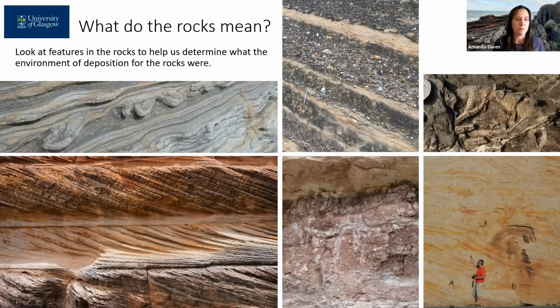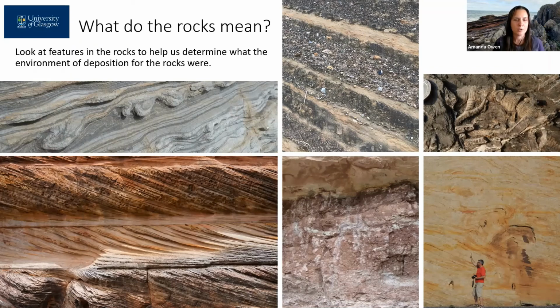Another thing that can really help us deduce the sedimentary environment is fossils. The top right image there is an example of a fossil that forms in the marine or deep ocean environment. So if we find that fossil, it can really help us understand what the sedimentary environment was.